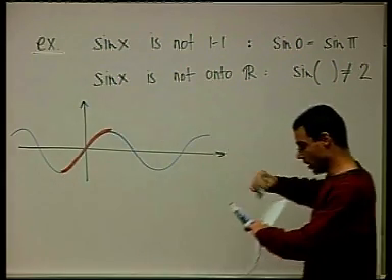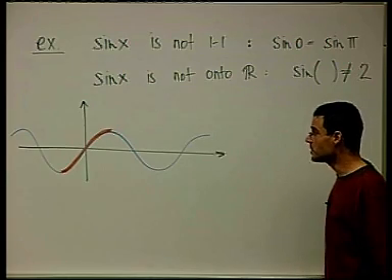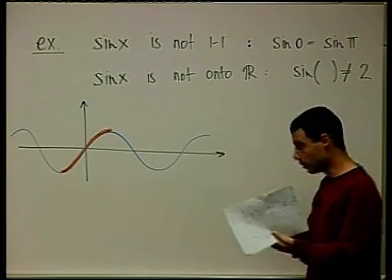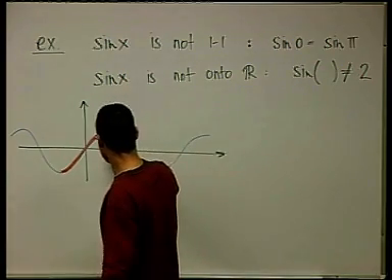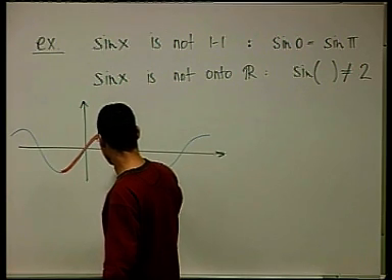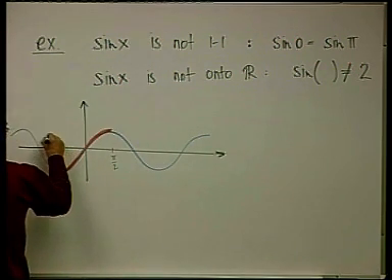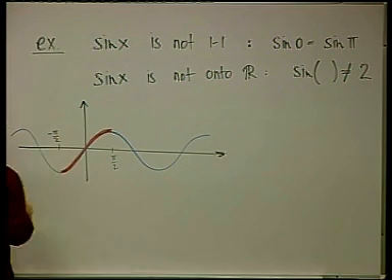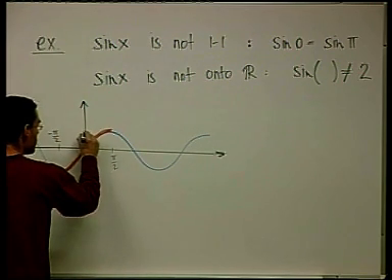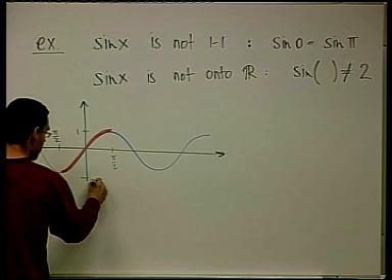Okay, just this chunk of sine. So what is it? I restricted the domain to be only from negative pi over 2 to pi over 2. And I'm restricting the range to be only from negative 1 to 1.